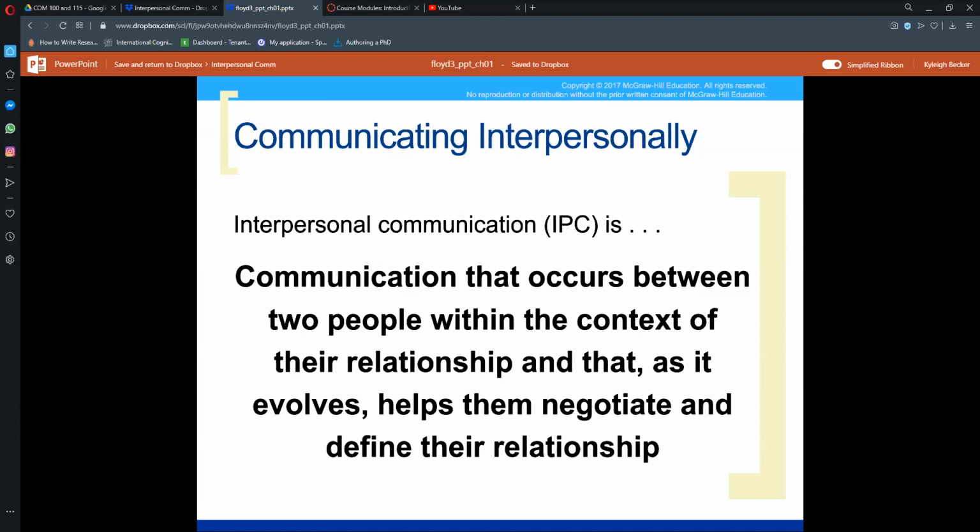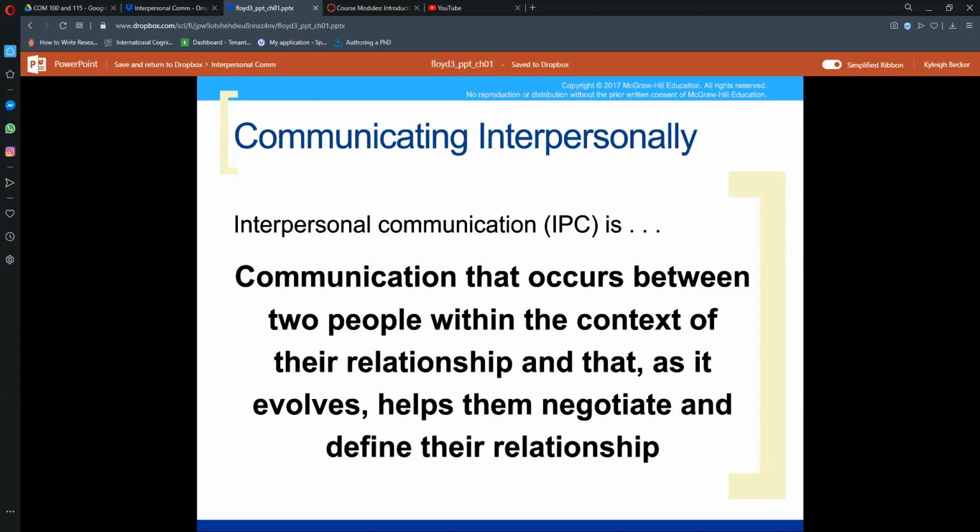But specifically, interpersonal communication is communication between two people within the context of that relationship, and that, as it evolves, helps them negotiate and define their relationship. You can have interpersonal communication with people that you don't really have a quote unquote relationship with, someone you're sitting next to on an airplane.